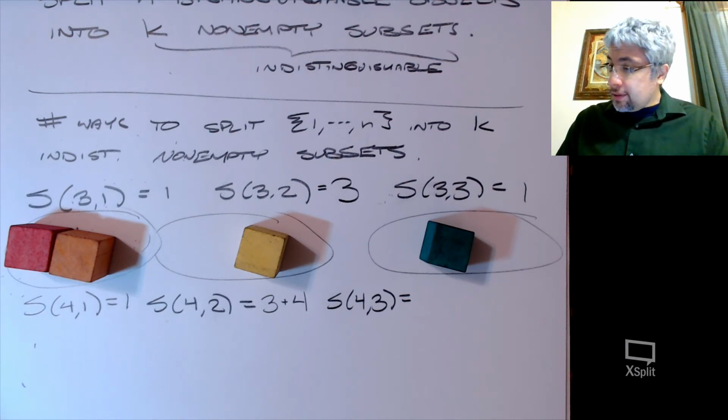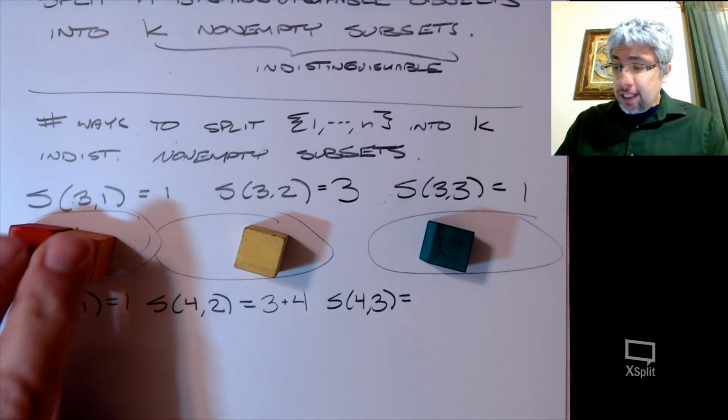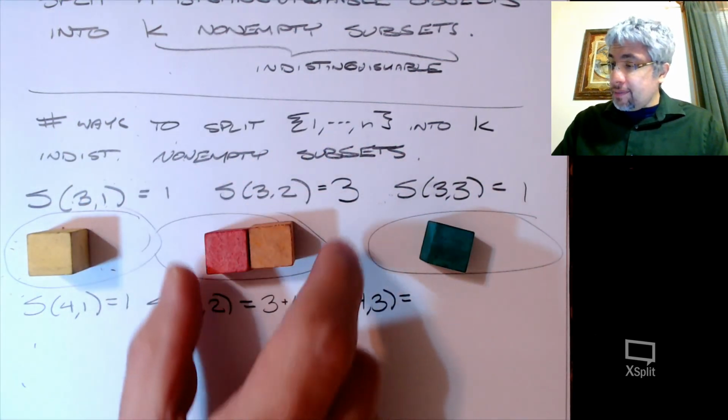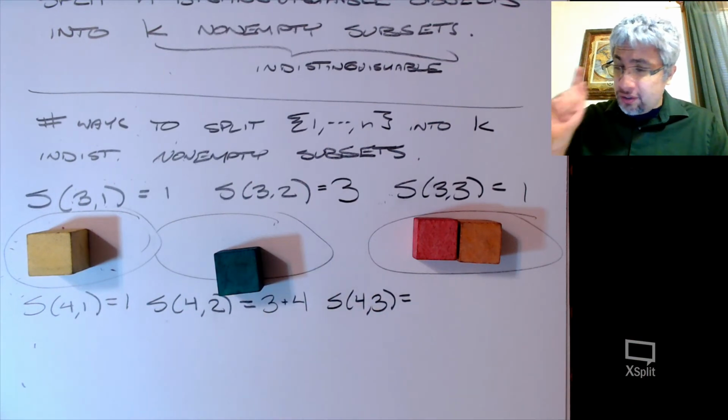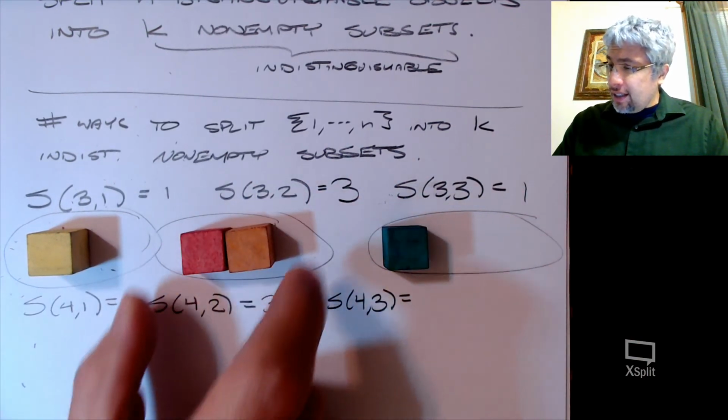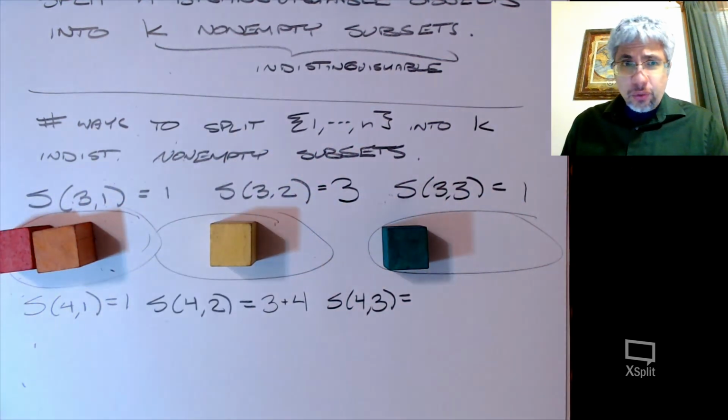Let's think about this. I could choose any 2 of the 4 to be together because it doesn't matter where I put them. This is the same as this is the same as this. They all count the same. That only counts once. So as long as I know which 2 are together, I'll be good.